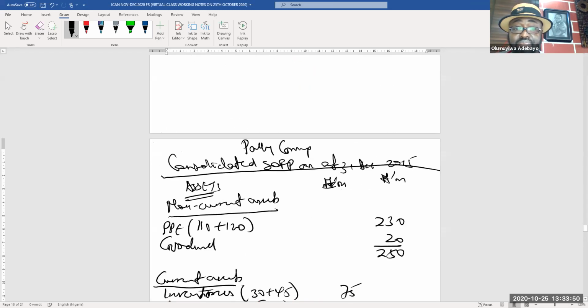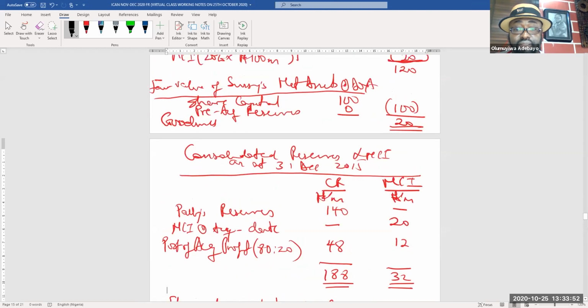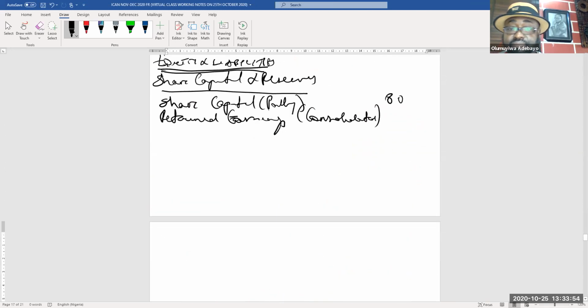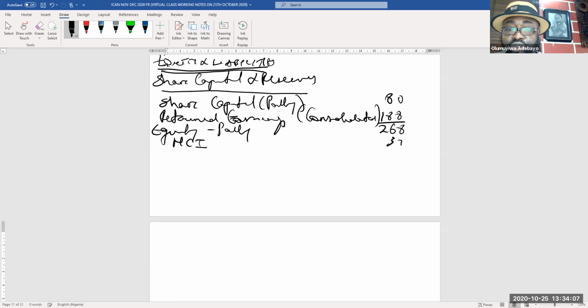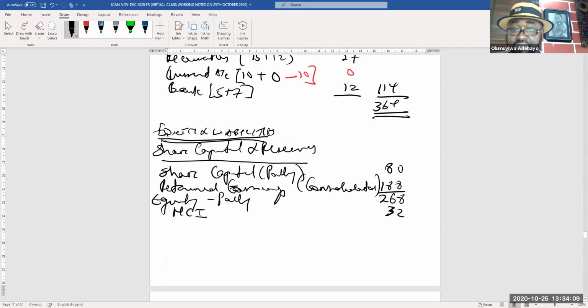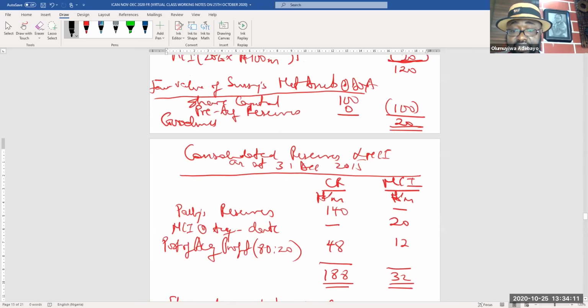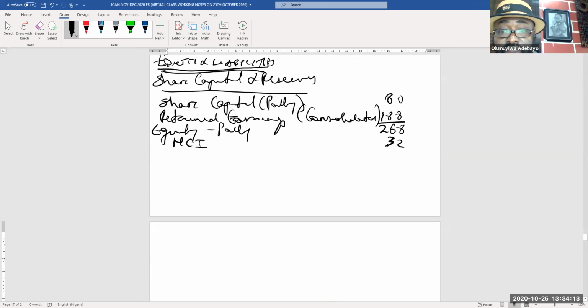Go back up. That's 188. That's 268. This is equity attributable to Pali. NCI is 32, if I'm not mistaken. That should give me 300. That's my total equity.